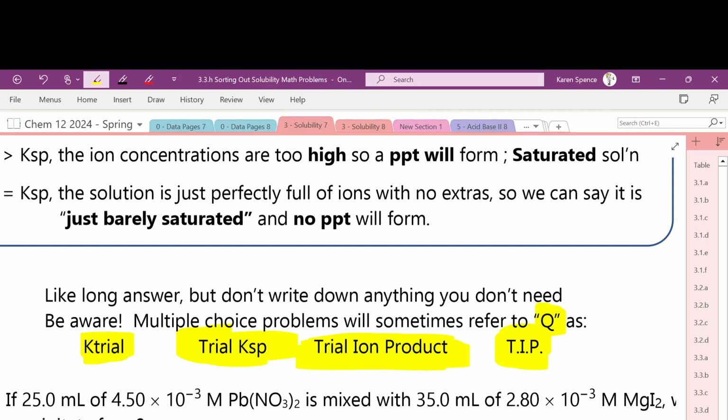If you're like, I don't know what this is, just think it's probably Q. If you don't remember that, you can ask me on the test. If you're like, what the heck is a TIP? Is someone going to give me some money here for doing this question? That'd be nice. But no, okay.